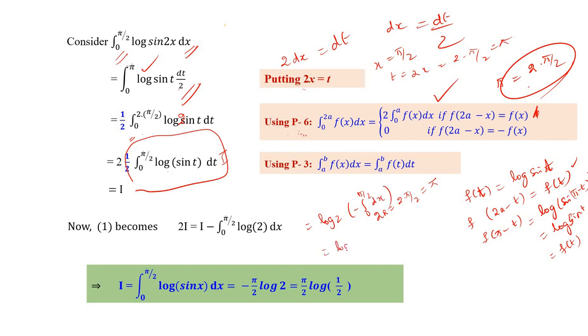So that is log 2 into, if we substitute the limits, we get minus pi by 2 log 2. Or you can write this, log 1 being 0, as pi by 2 into log 1 minus log 2. So that gives us pi by 2, and log a minus log b is log a by b.